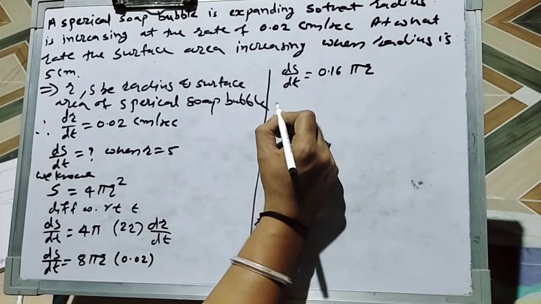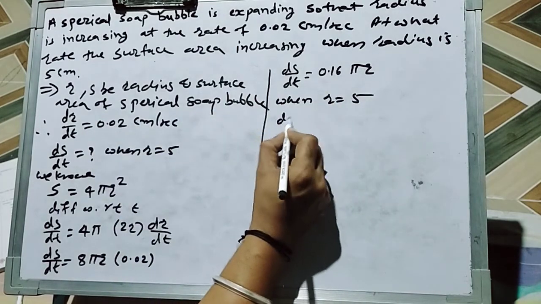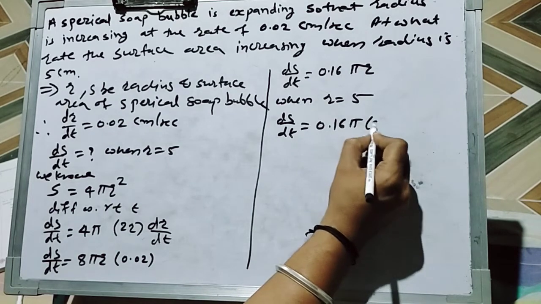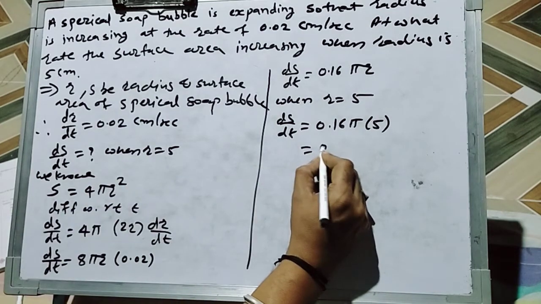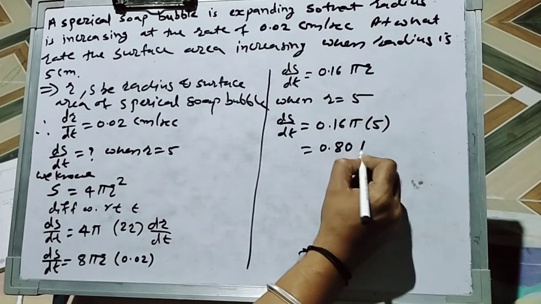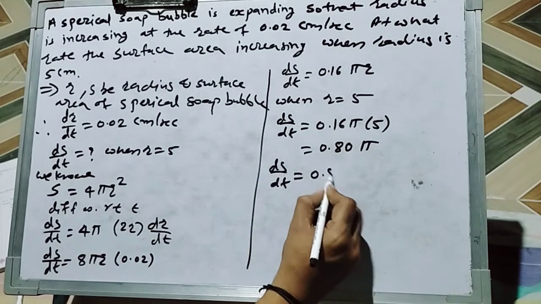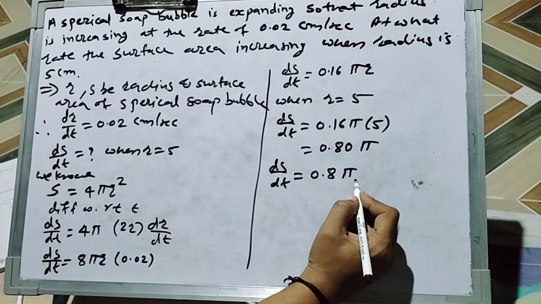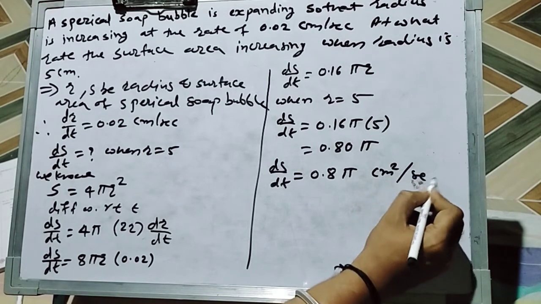So therefore, whenever r is equal to 5, ds by dt is equal to 0.16 pi into 5, which is equal to 0.80 pi. So here ds by dt is equal to 0.8 pi centimeter square per second.